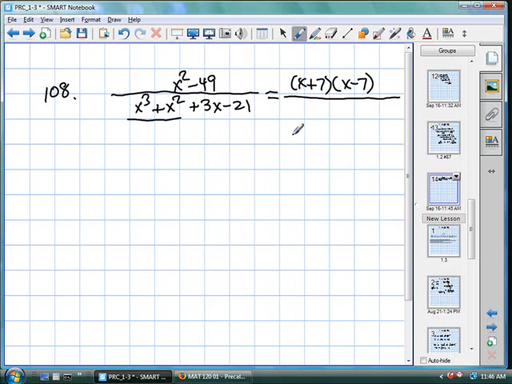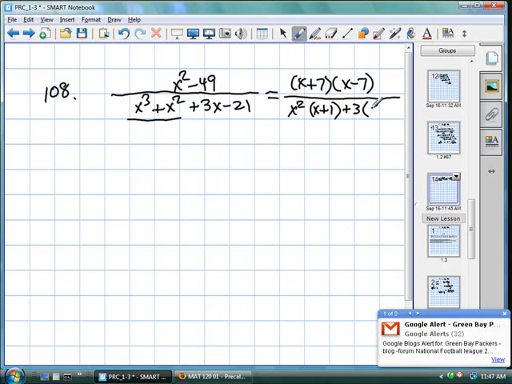An x squared, right? Which leaves us with x plus 1. And then out of the second part, we could take a 3 out, which doesn't look like it helps a whole lot, does it? Too bad. Anyway, that would be an x minus 7.